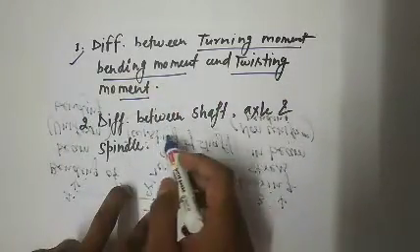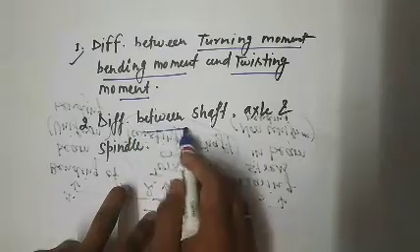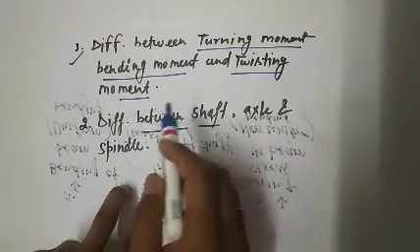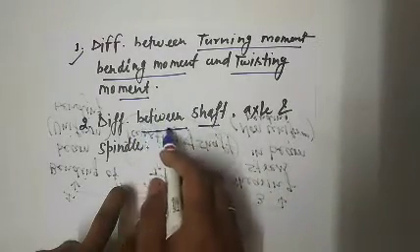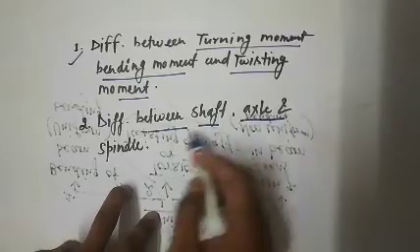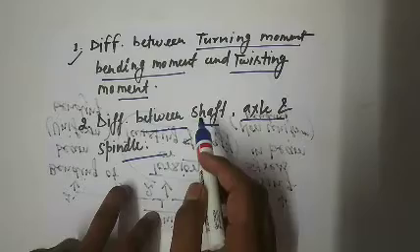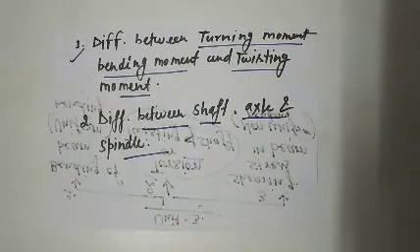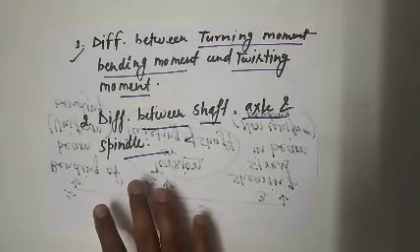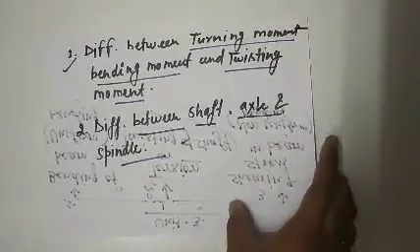Second is the difference between shaft, axle and spindle, that is, their definitions and basic concepts. So first we are going to answer the first question: the difference between turning moment, bending moment and twisting moment.